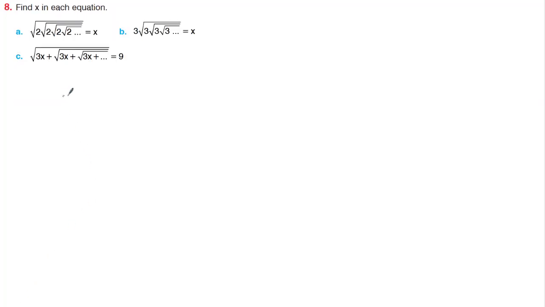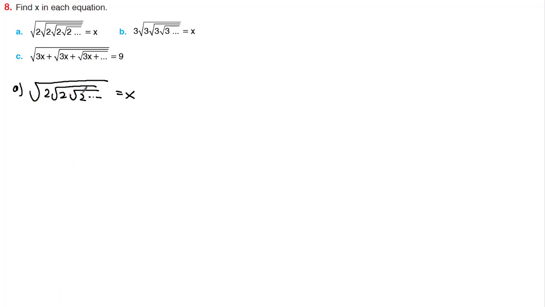Next one. Now we have some infinite radicals here. We solved at least one of these problems during the lessons. Let's try now. A, it's square root of 2, root of 2, root of 2, repeated infinitely many times. It's equal to x.